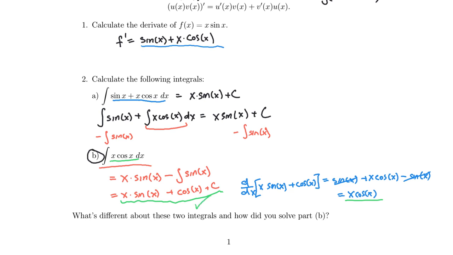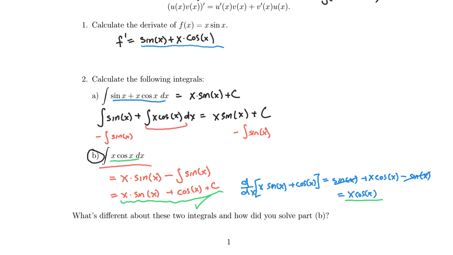Check. All right, so this next question asked, what's different about the two integrals up above, and how did we solve part B? Well, as we saw in part A, we were asked to recognize that sine x plus x cos x was the end result of a product rule. And then we just integrated directly once we realized that.